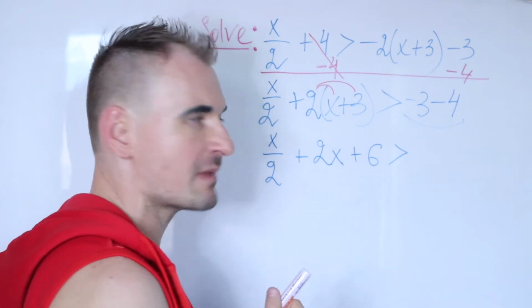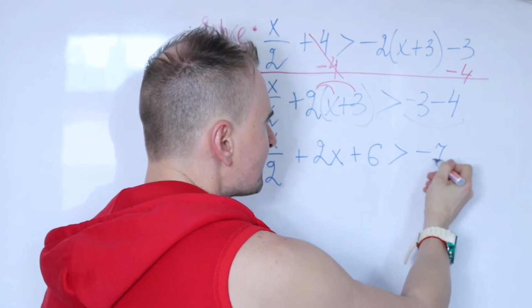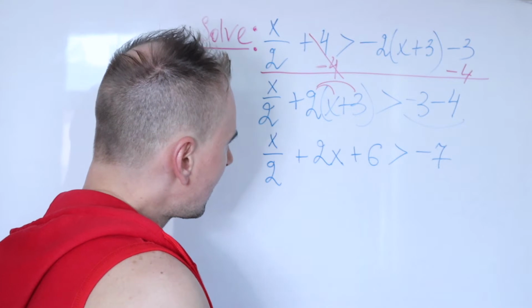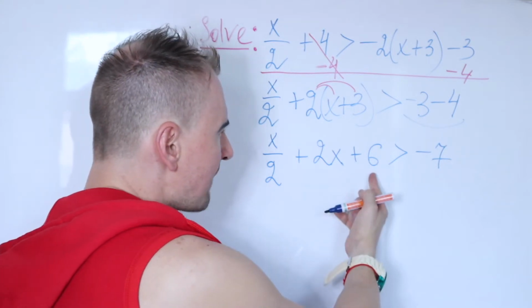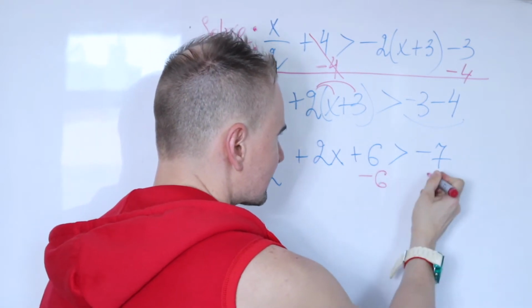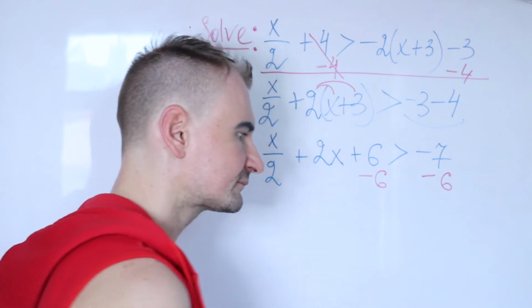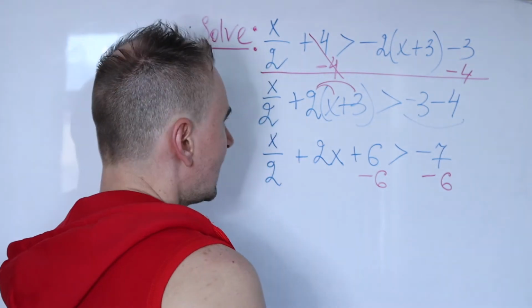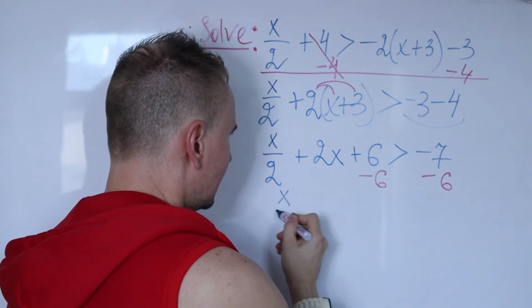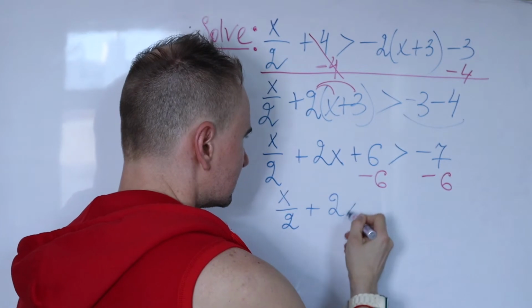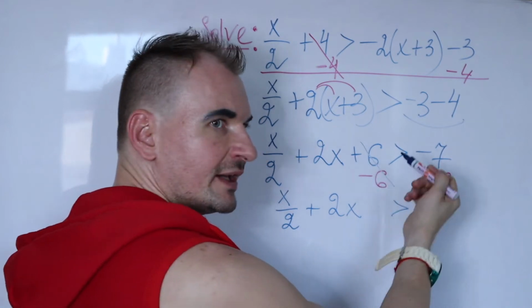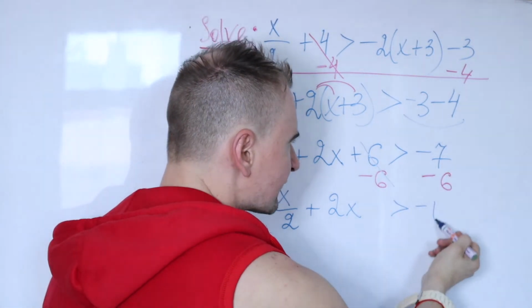Since minus 3 minus 4 gives you negative 7, you would be left with negative 7 on the right side. Now we again have a number, and we want to move it by subtracting this 6. Okay, let's subtract 6 from both sides. You would have, greater than, minus 7 minus 6, which gives you negative 13.